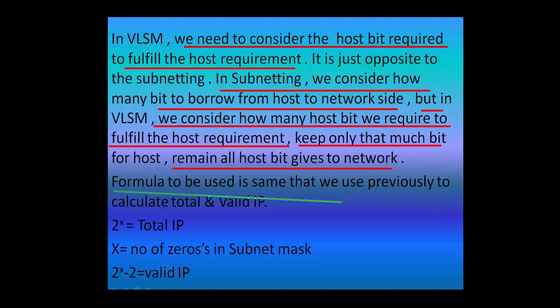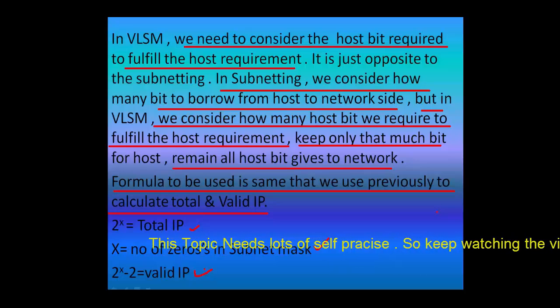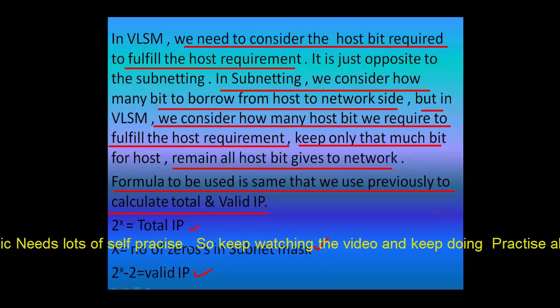The formula is the same that we used previously to calculate total and valid IPs: 2 raised to power x is the total IPs, where x is the number of 0s in the subnet mask, and 2 raised to power x minus 2 is the valid IPs. The process is the same as subnetting; only the calculation of the subnet mask is different. After that the process is the same to calculate valid IPs, total IPs, network ID, and broadcast IP.